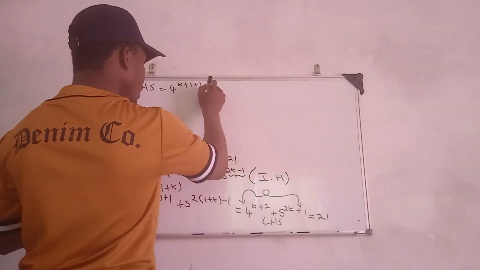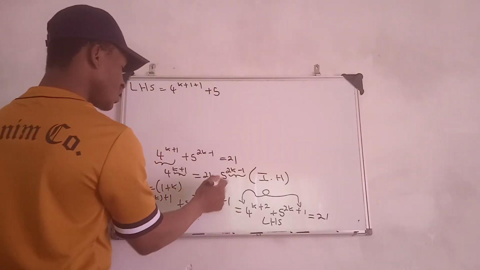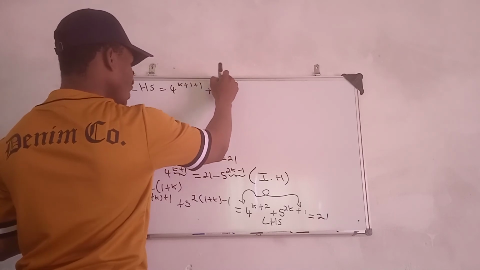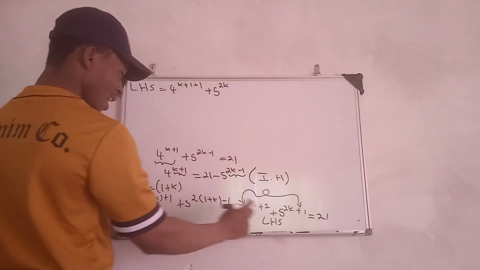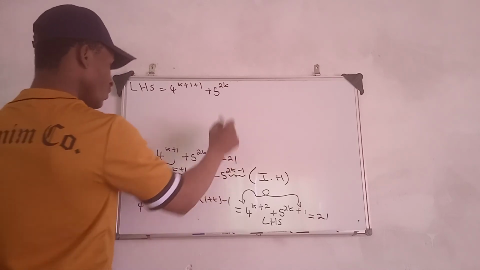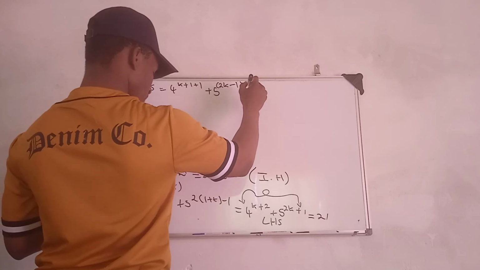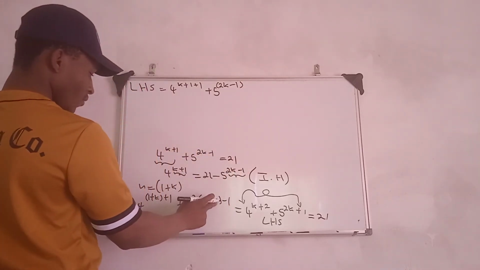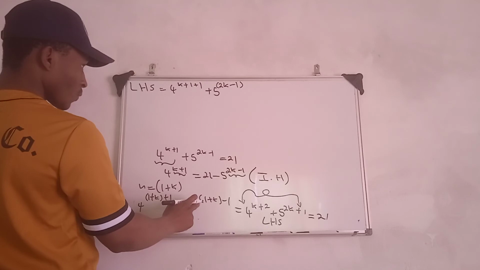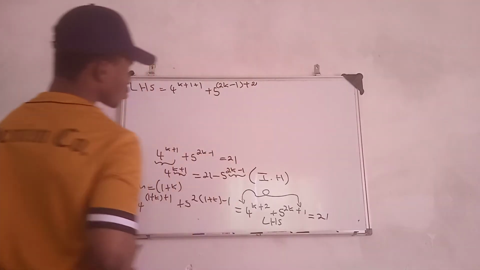And then this one will be 5, and then here I'm seeing 2k, it will be 2k minus 1 plus 2.